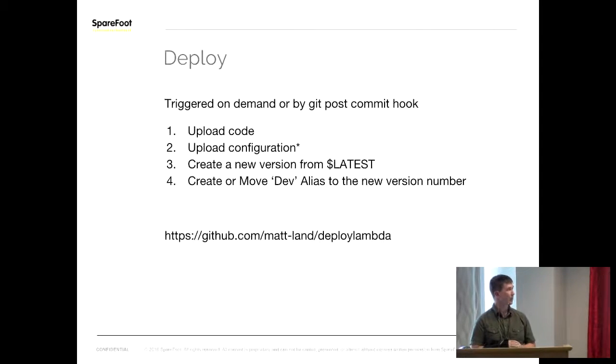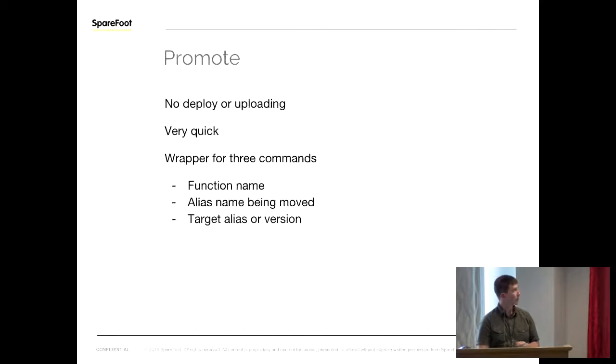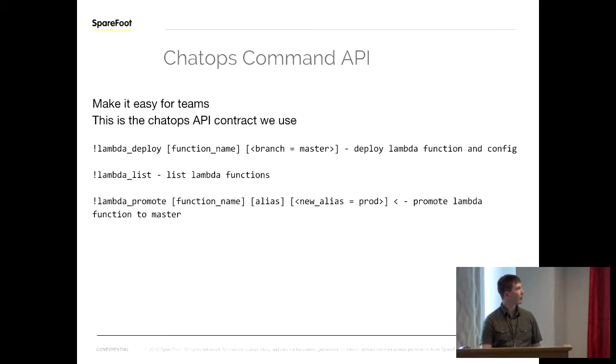It also has the code that does the deployment. But yeah, this shell script is handled by our chatbot. And then same thing with promoting. This is really quick. There's not much to it. You're just moving a pointer, so it connects to the API, moves the pointer forward. These are our Chatops contracts.